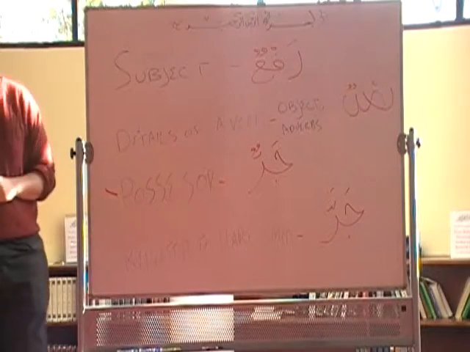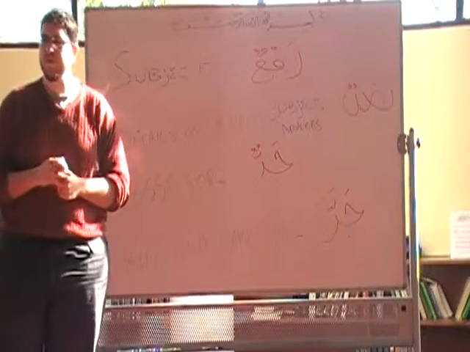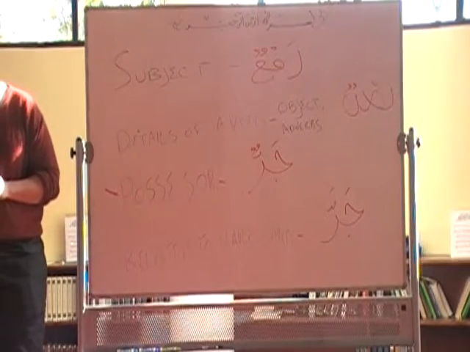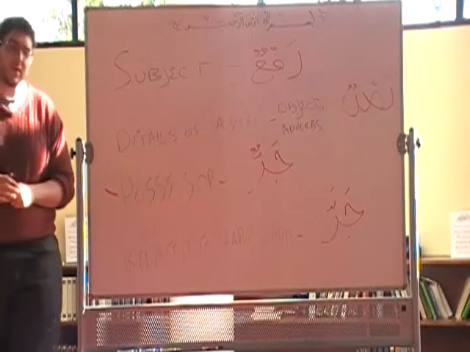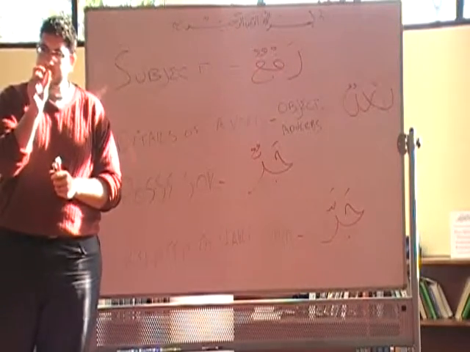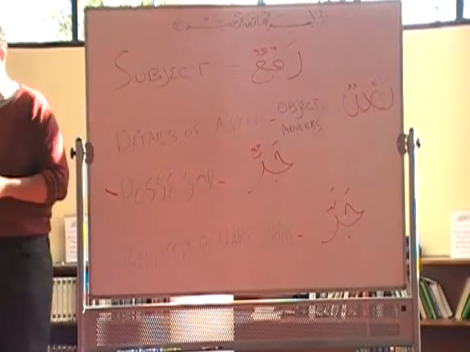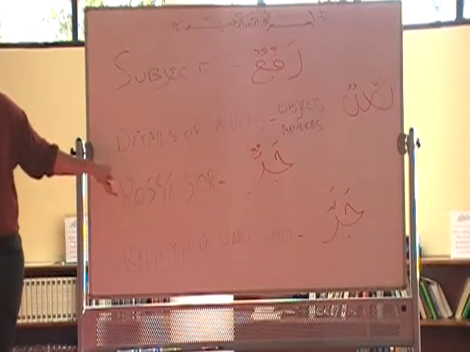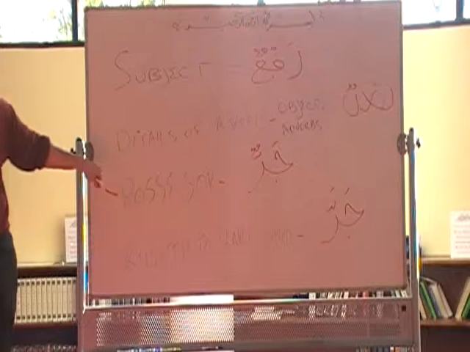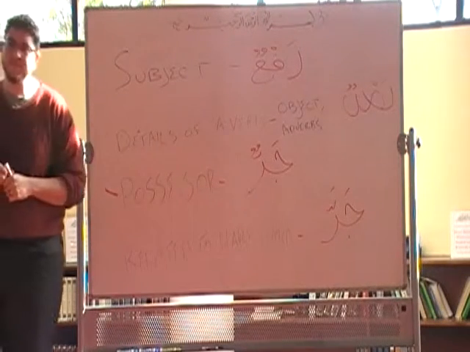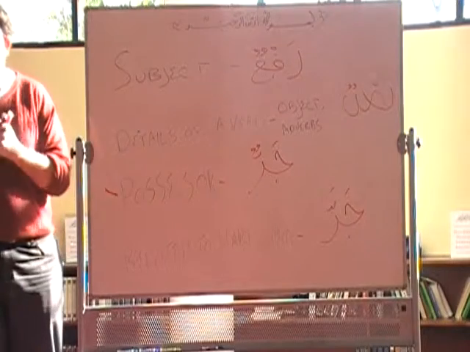The first rule, for example, is that the thing that's being possessed does not take alif lam ever. Because Allah has alif lam, it's of course the thing that is possessing. The second rule is that the thing that is possessing, as in this example, takes the state of jar. Okay? So that's the first type of compound.